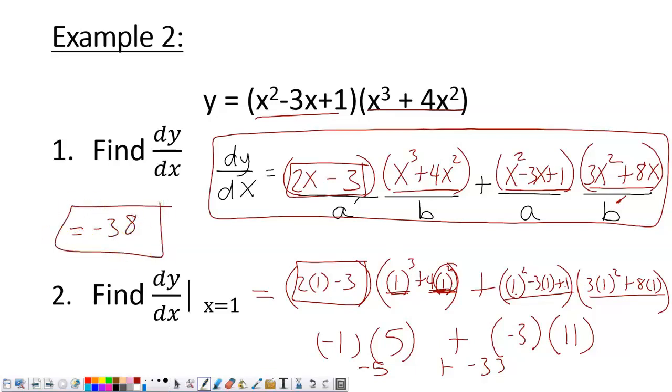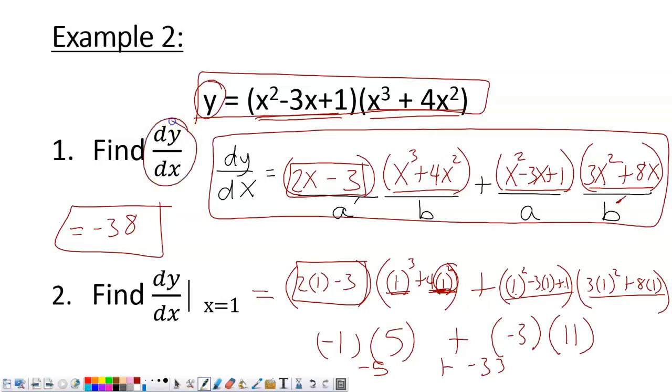So now let's talk about what we just did. Okay, so I have a function, and that function is called y. And y is defined as being the product of two other functions. In part 1, I found the derivative, which is a formula that tells me the slope of this function at any given point.